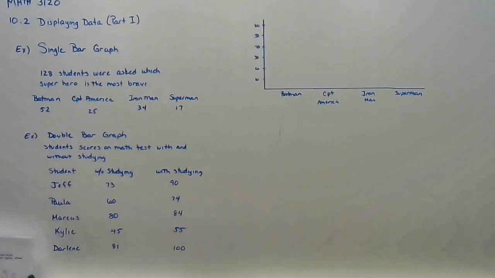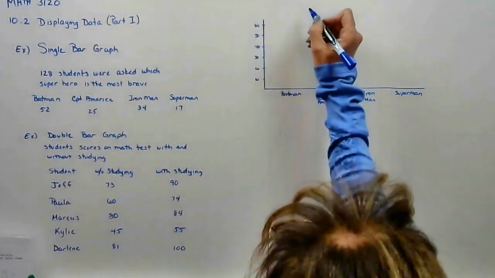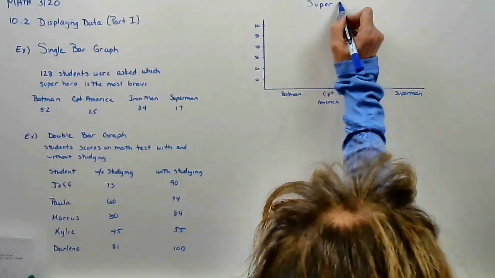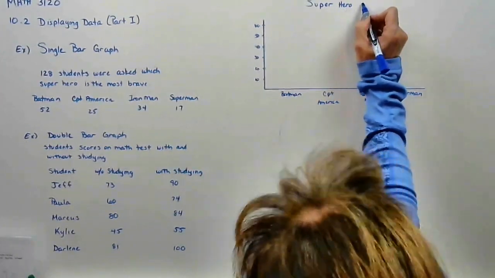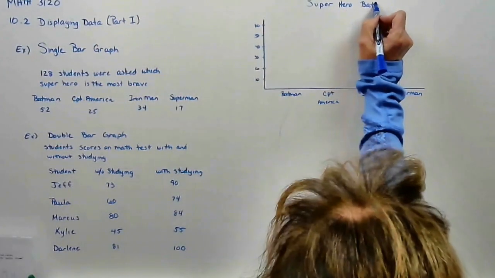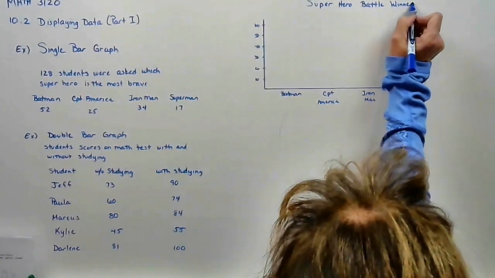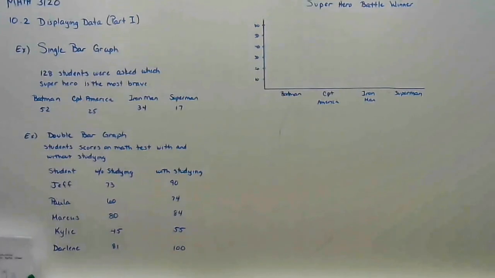In this case, we're comparing superheroes and we're trying to figure out who's the most brave. So I'm just going to call this Superhero Battle Winner. Or you might put a question mark. Which superhero is the most brave?